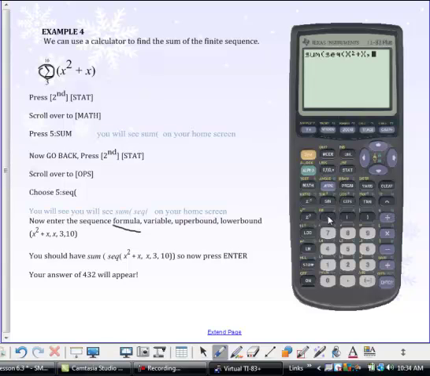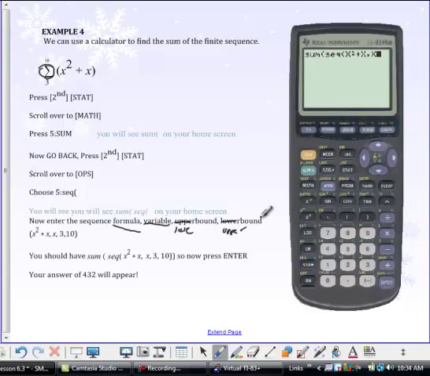Now, comma, because you have to tell the calculator what variable it's looking for. It's looking for the x variable. So now I'm going to type the letter x. And then I have these backwards. It's actually supposed to be the lower bound followed by the upper bound.